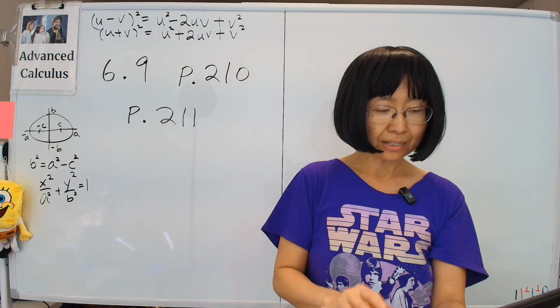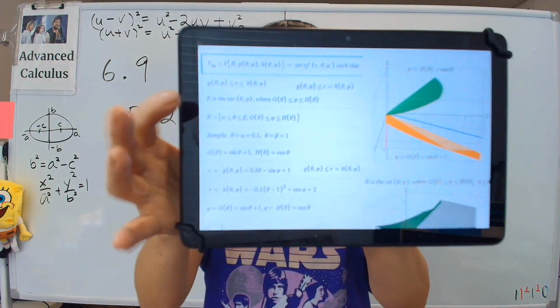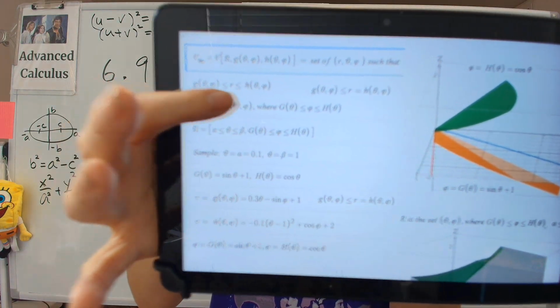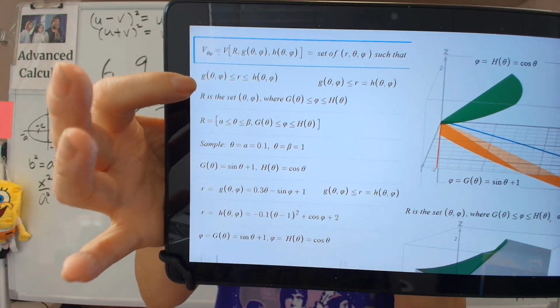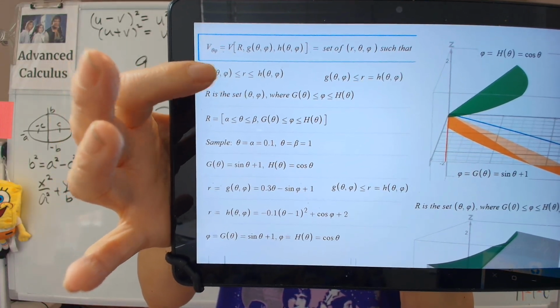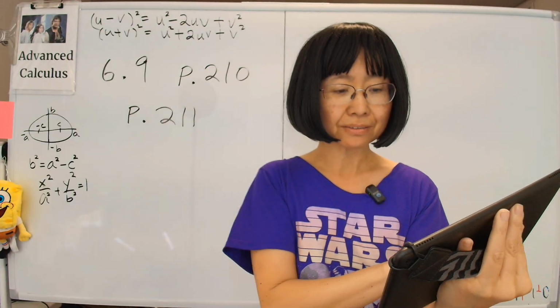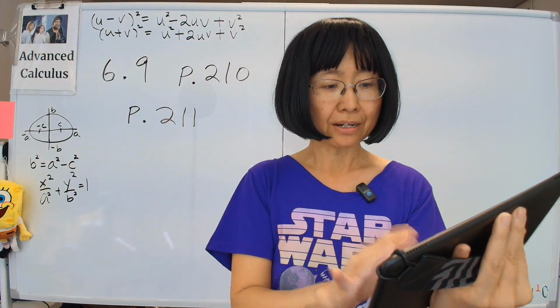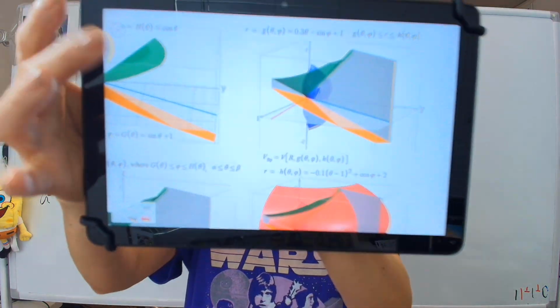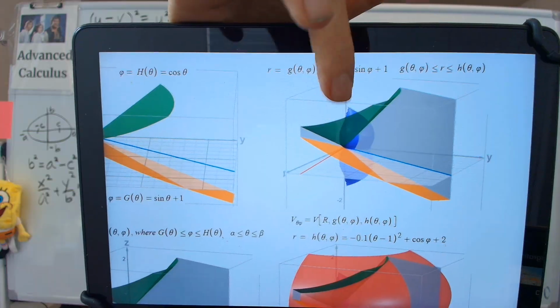And then finally, we have defined a distance to limit things. The distance will be limited by a function small g and then a function small h. So I plotted such a function here. On top here is the function small g, which is that blue thing.